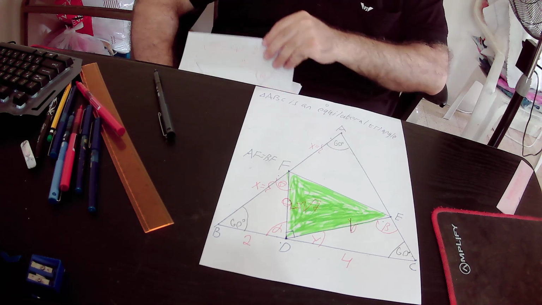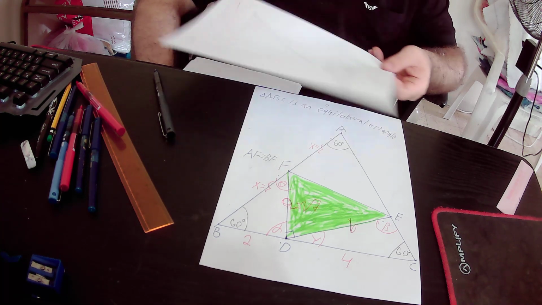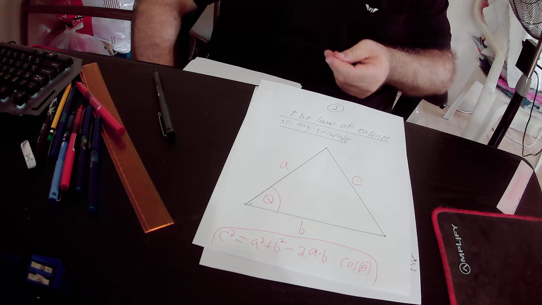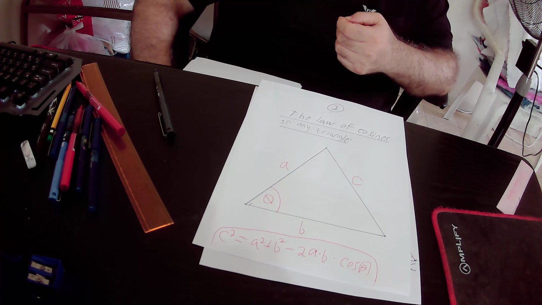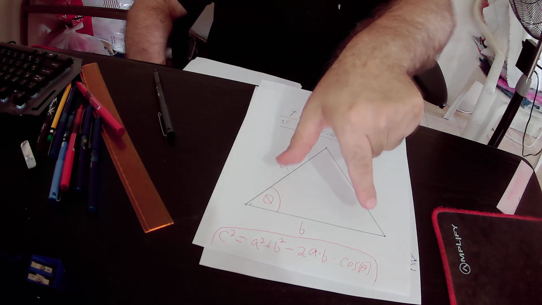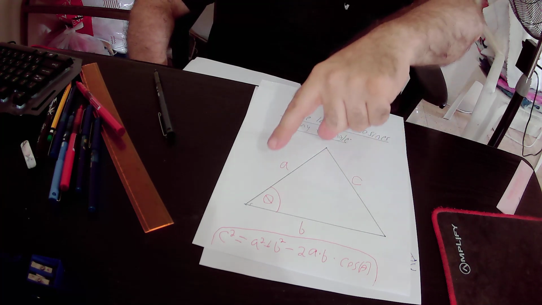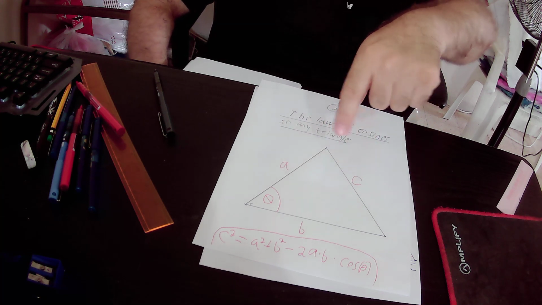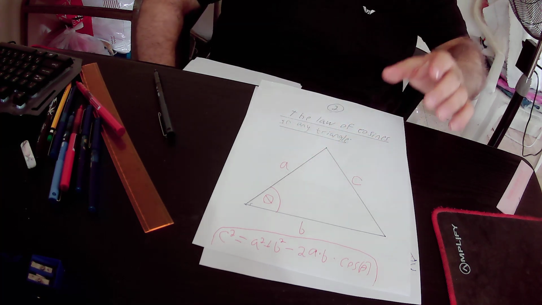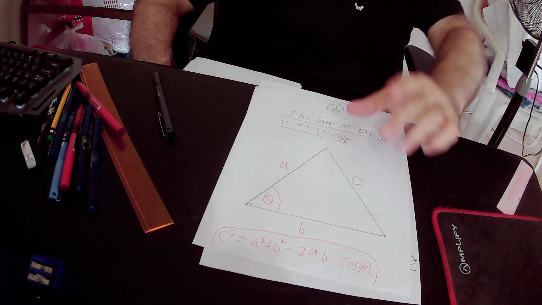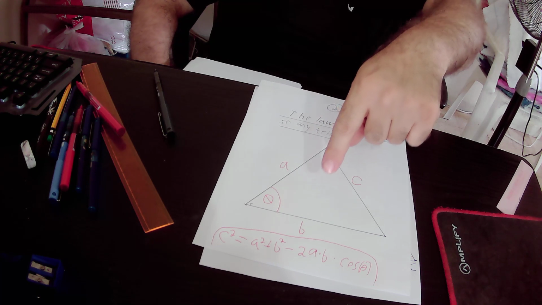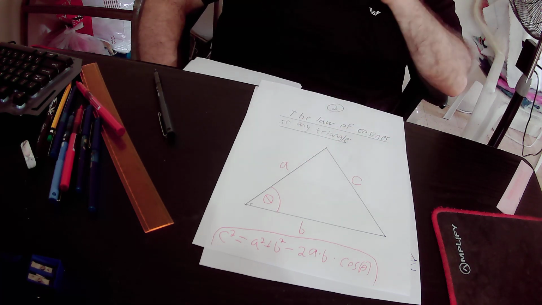What is the law of cosines? It applies to any triangle: C squared equals A squared plus B squared minus 2 times A times B times cosine theta.